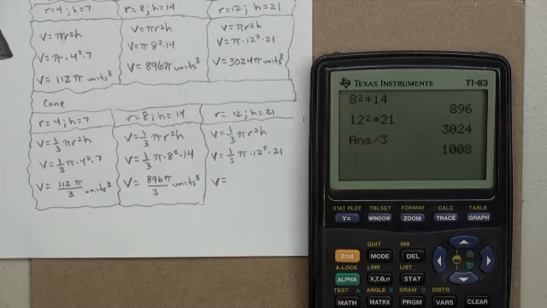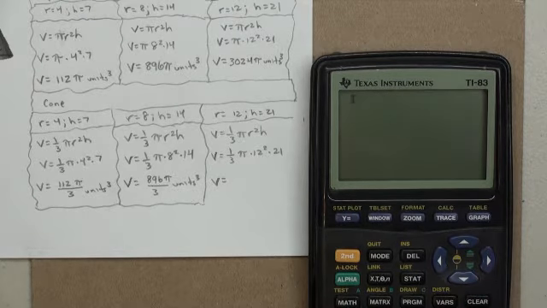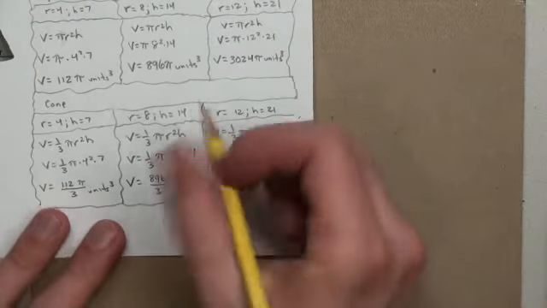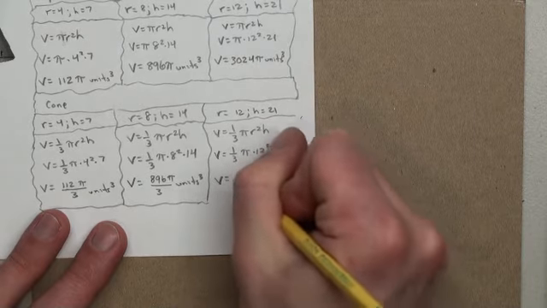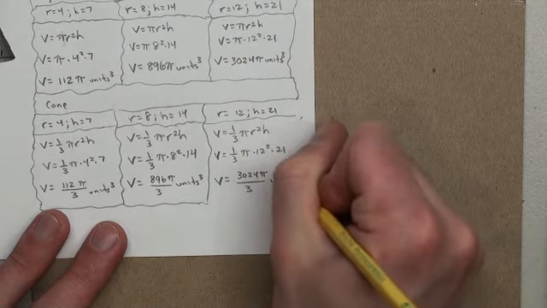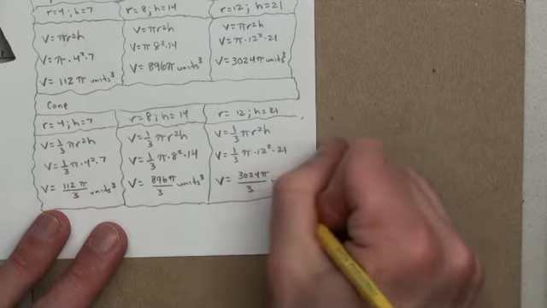This one actually comes out even. But I'm going to still leave it as a fraction because it's going to be easier to see the difference. So 12 squared times 21 is 3024 pi over 3 units cubed.